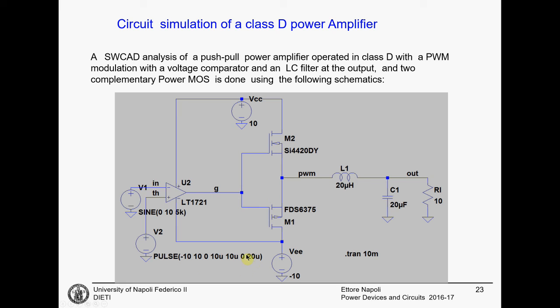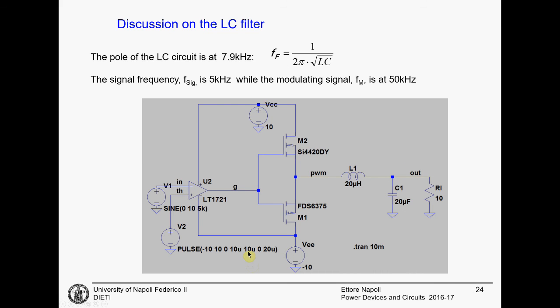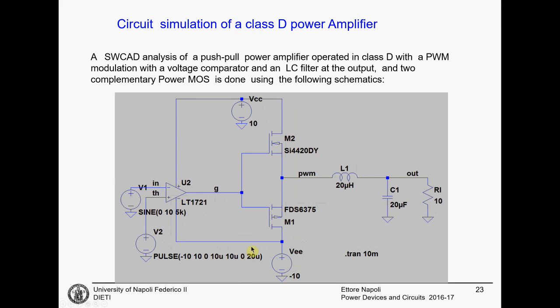The period is 20 microseconds, which corresponds to a modulating frequency of 50 kHz, hence 10 times higher than the input signal frequency.